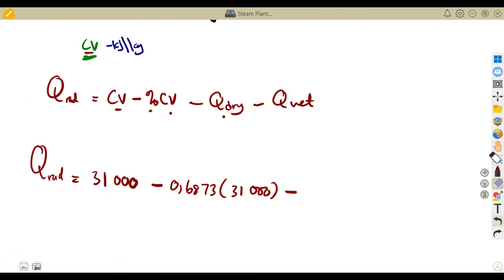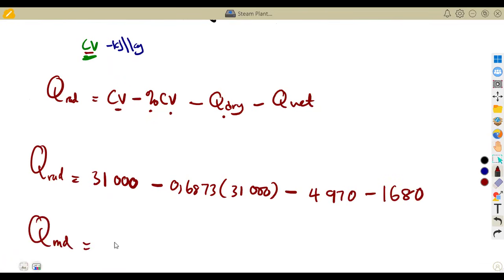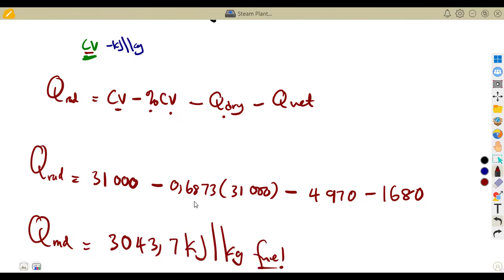So that was 4,970 minus 1,680. So Q lost to the radiation is going to be 3,043.7 kilojoules per kilogram fuel.